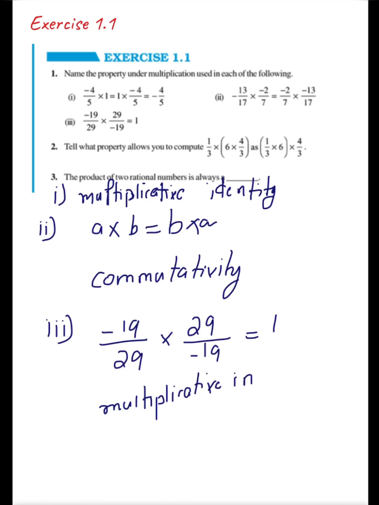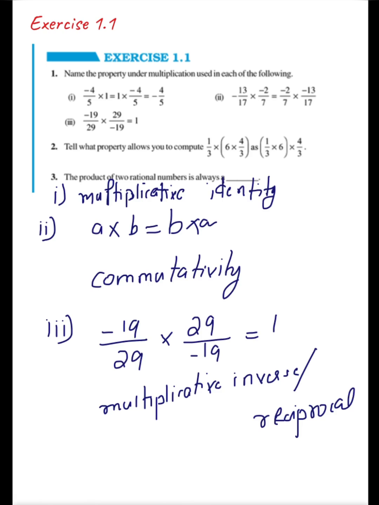Multiplicative inverse, that you have already studied, which is interchanging the numerator and denominator. When you are multiplying a rational number with its multiplicative inverse, the answer will be 1. So here you are using the property of multiplicative inverse, or otherwise you can call it reciprocal. So this is the answer for the first question.